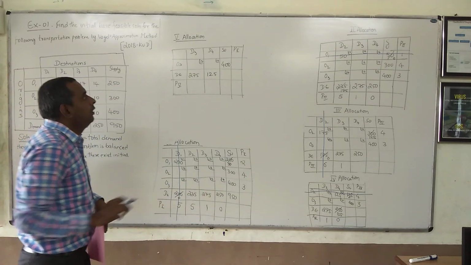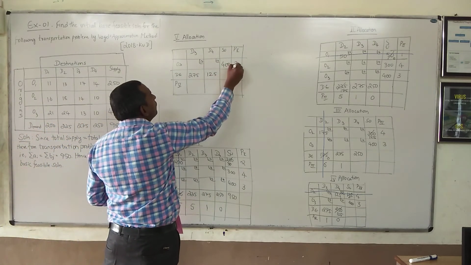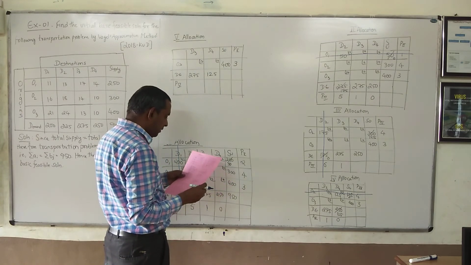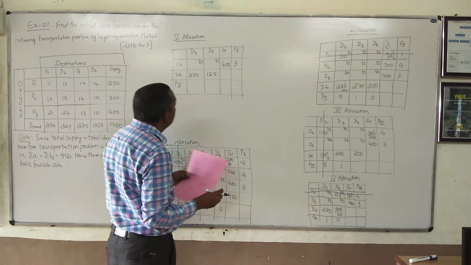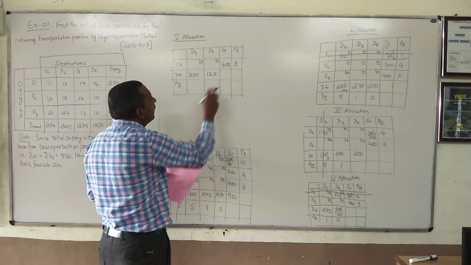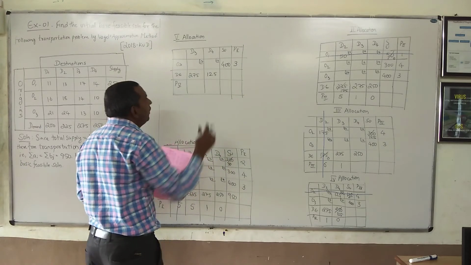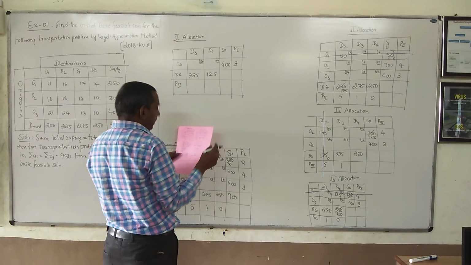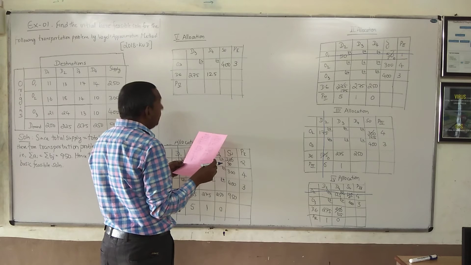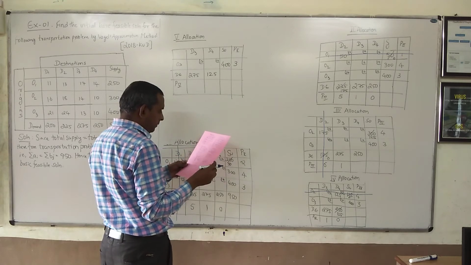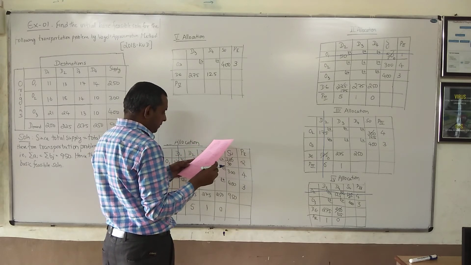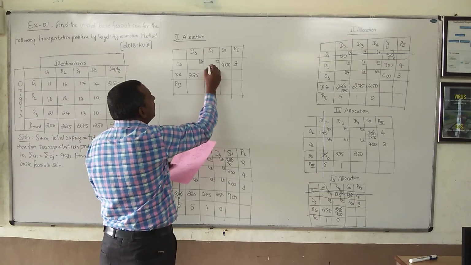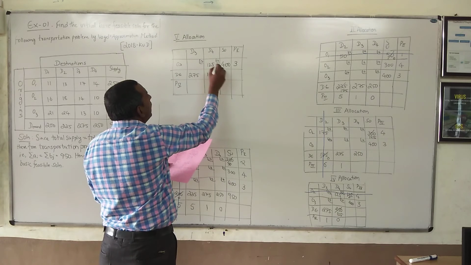So the difference is 3 here. Fine. The difference is 3 here. So there is no difference here. So let me choose the largest here. So this becomes 125 here.